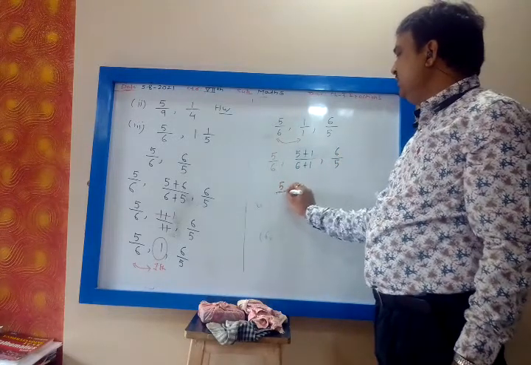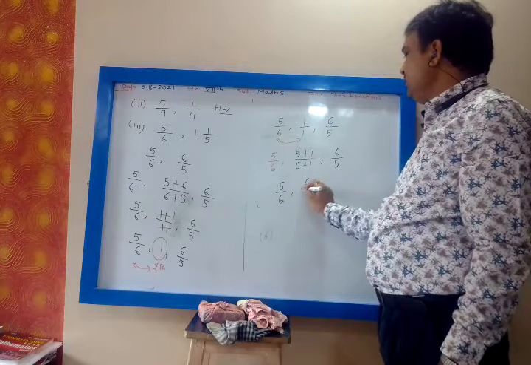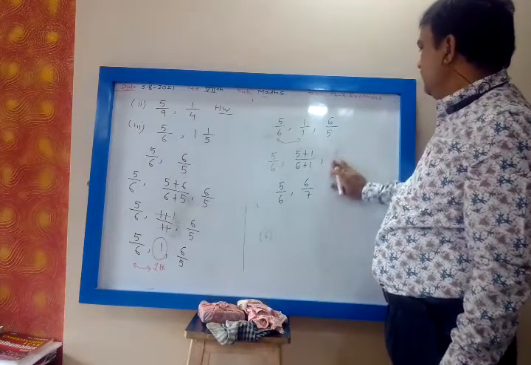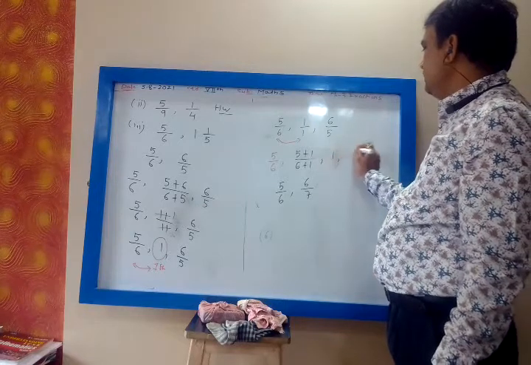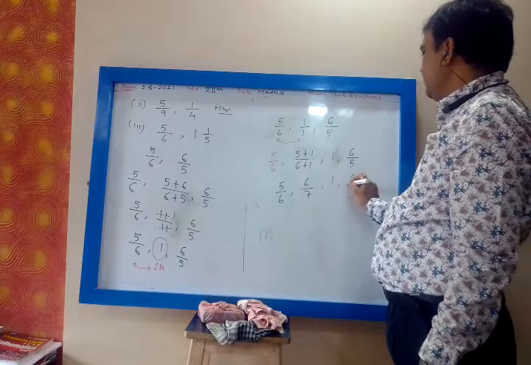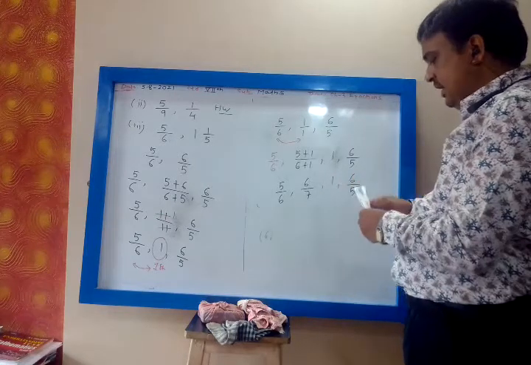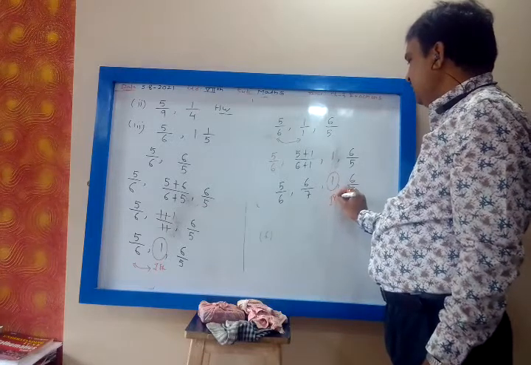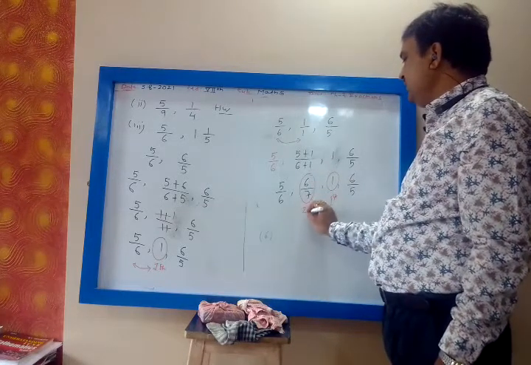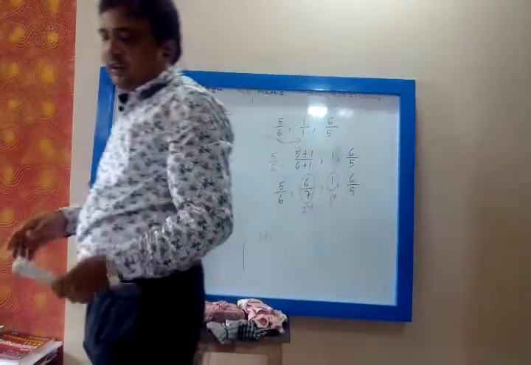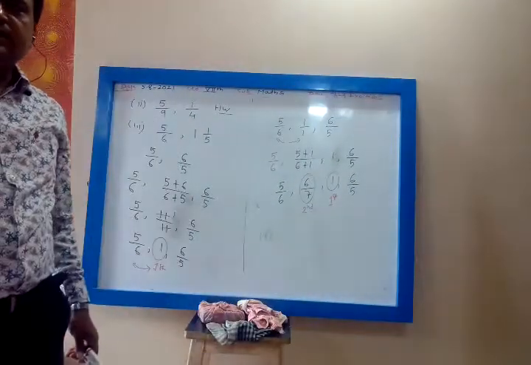So 5 by 6, 6 upon 7, one more 1 will come, yes. 1 will also come, no, 1, 6 by 5. 6 by 7, 1, 6 by 5. So these two are the inserted fractions. 1, this is my first, then 6 by 7 is my second. So these two fractions are there.